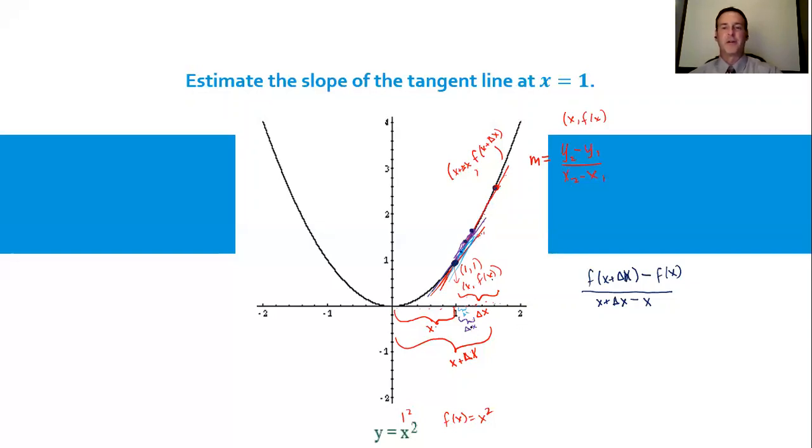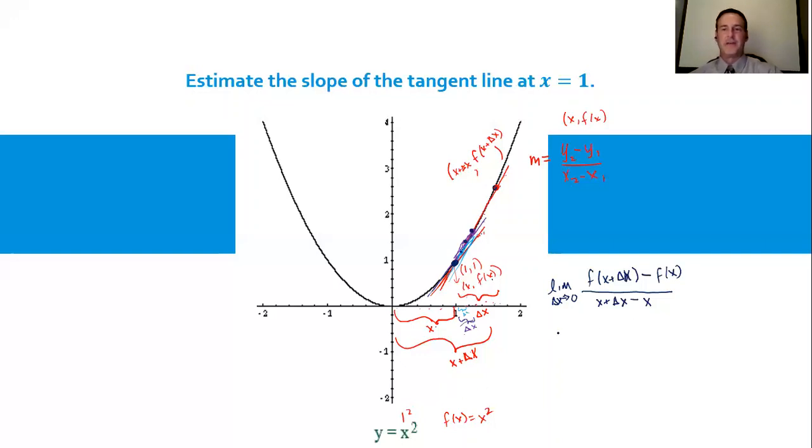Okay, and that was all a result of our delta x getting smaller. So what I'm going to write out front is the limit as delta x goes to 0. Okay, and that's how we come up with what we called the slope of a tangent line.